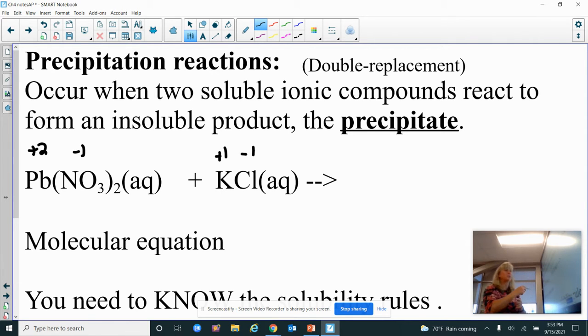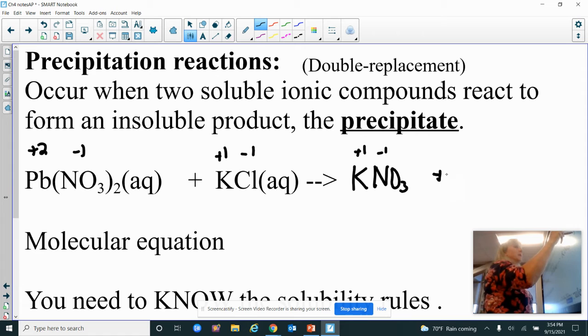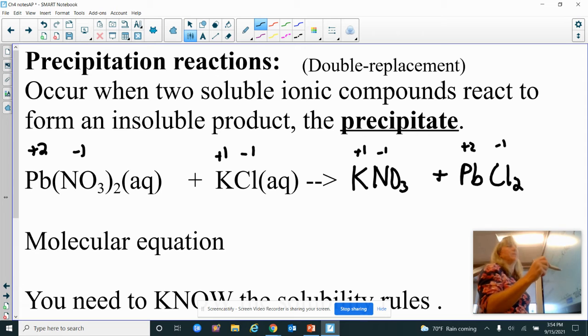So I'm going to switch the two positive ions. And so the K, which is +1, is going to go with NO3, which is -1. So I just need one of each of those. And then the Pb, which is +2, is going to go with the Cl, which is -1. So I'm going to need two Cls.